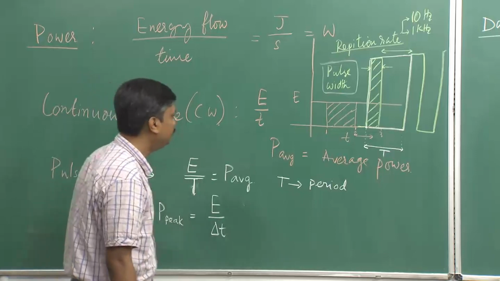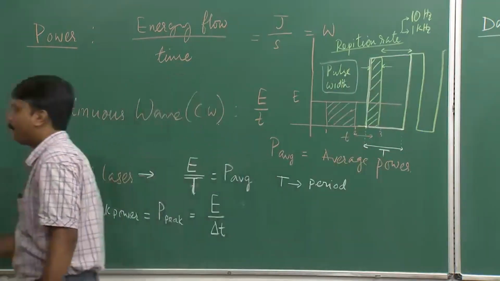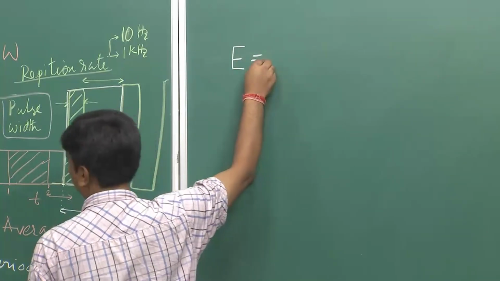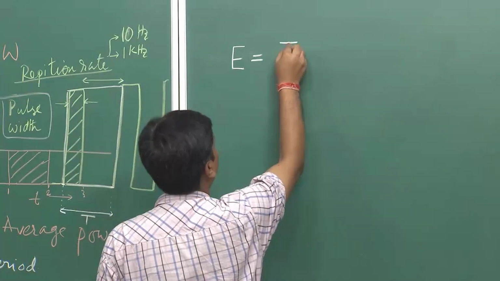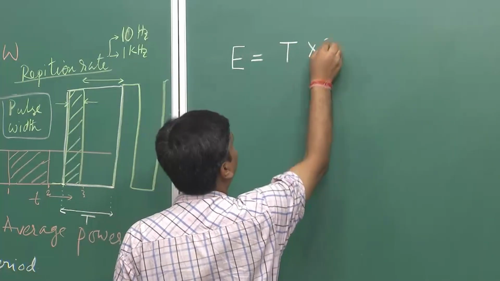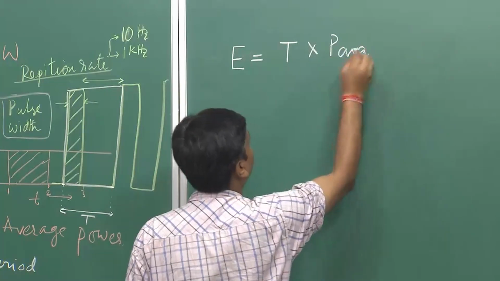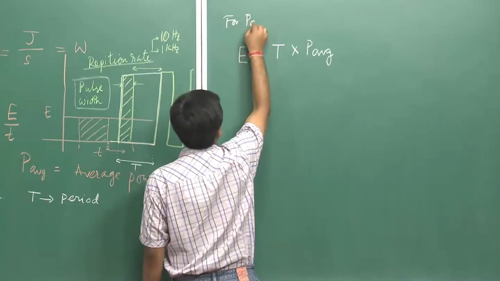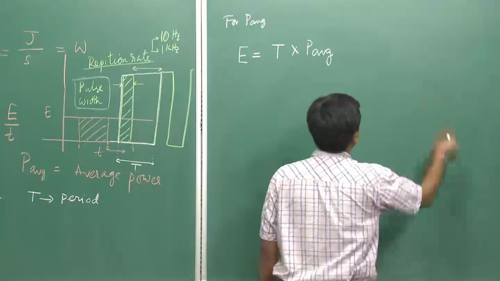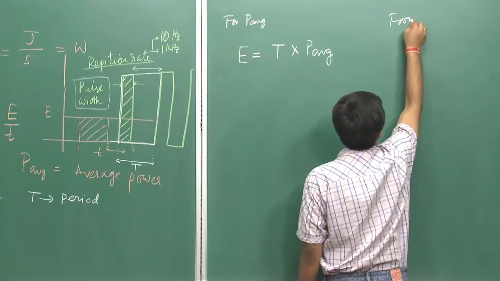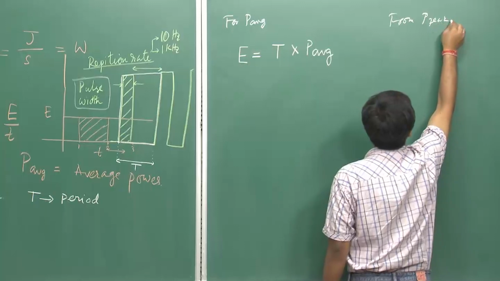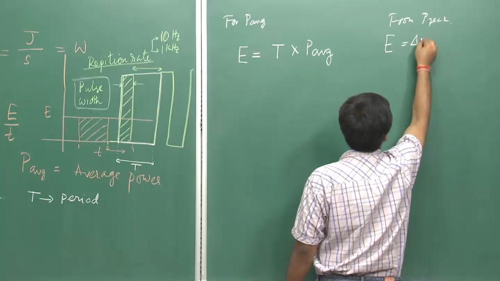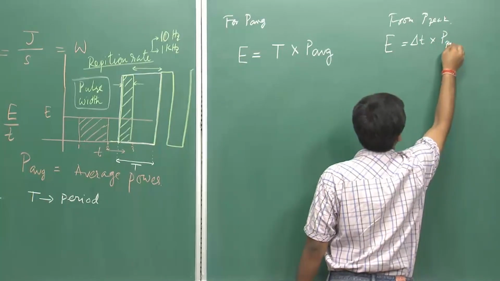What we essentially mean is that from average power we get E equals P average times T, and from P peak we get E equals delta T multiplied by P peak.